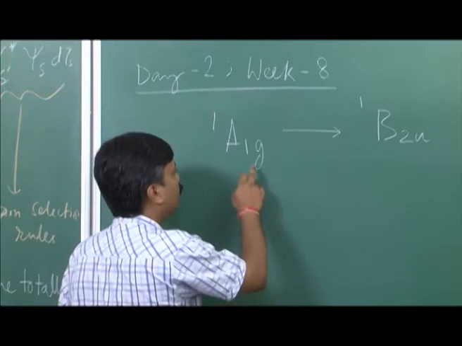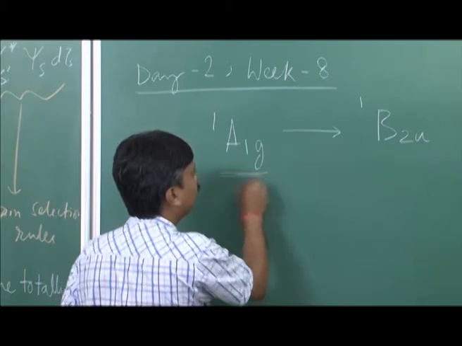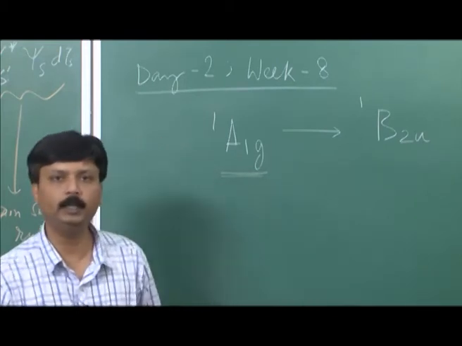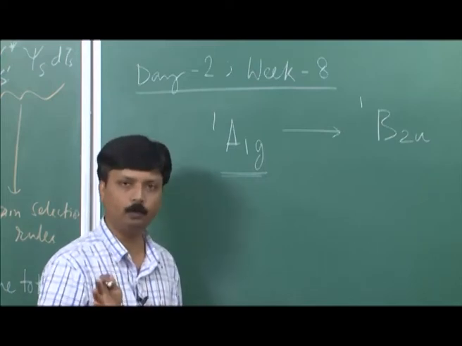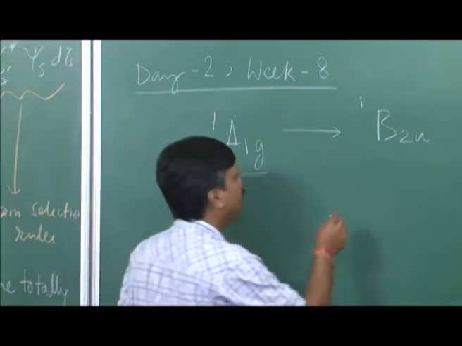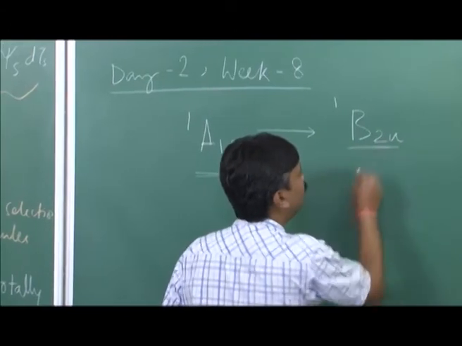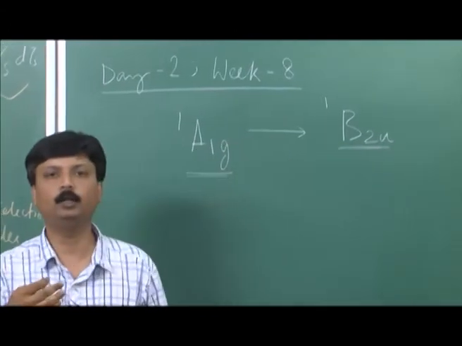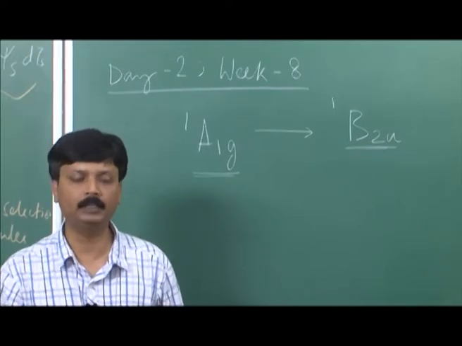So, what I have to do is see that A1g corresponds to the totally symmetric irreducible representation for the D6h point group. Therefore, I have to see whether this one contains either x or y or z as its basis function or not.